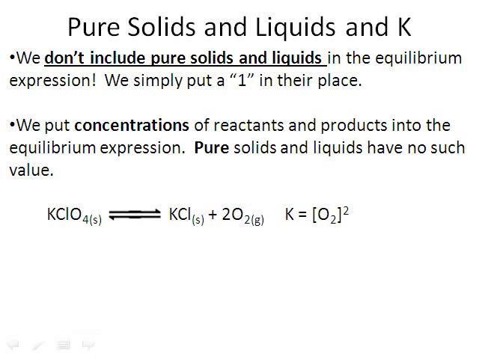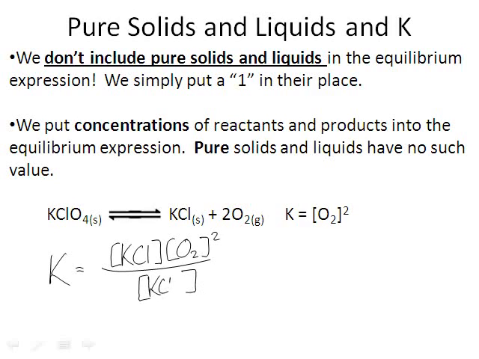So if I were to disregard this rule and I was writing the K expression for the reaction above, I would say KCl O2 squared for my products over my reactant, which is KClO4. But in the place of my solids, I have a solid in KClO4, so I'm just going to put a 1.